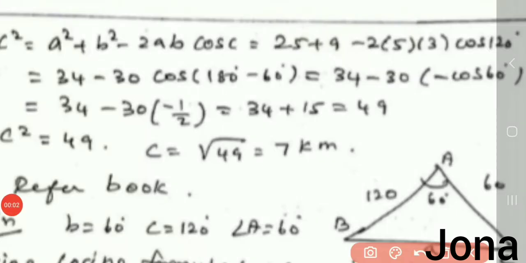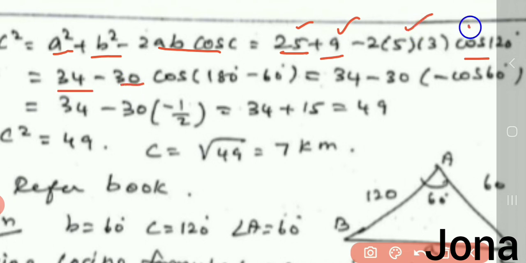So we want to use the cosine formula, that is C square equal to A square plus B square minus 2AB cos C. Substitute the value of A and B and then the angle C also there. Therefore, we have 25 plus 9 is 34, and here 30, and here 120 degree is there. For 120 degree we don't have the value as it is there.